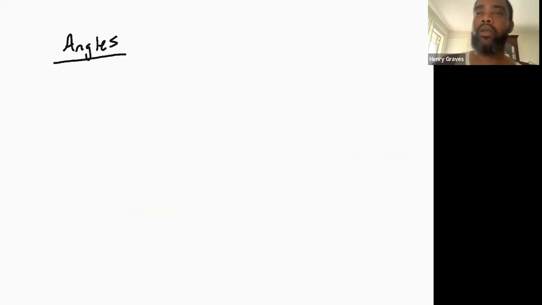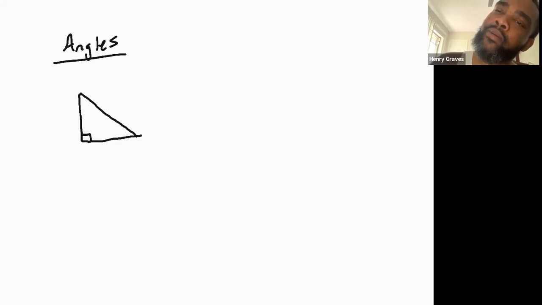Let's say I have something like this here. Obviously it's a triangle because it has three sides. But let's say this is 30 degrees here, and this is 60 degrees here.